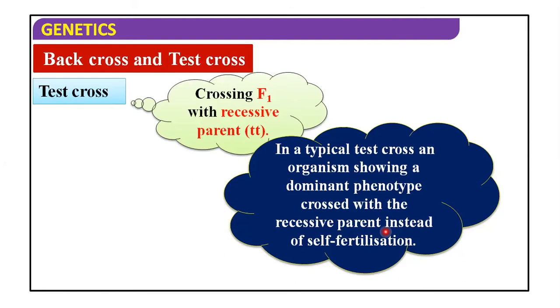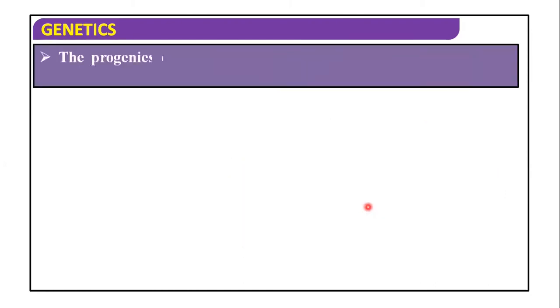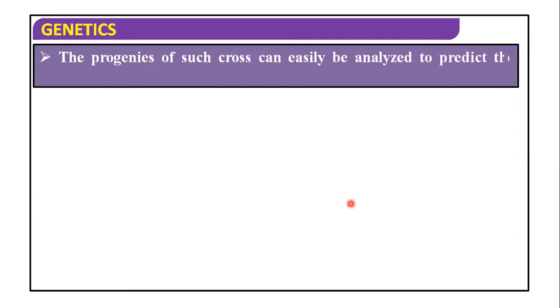25% are pure tall. Therefore, to find out whether the tall plant is homozygous or heterozygous, test cross can be performed instead of selfing. So, instead of self-fertilization, test cross is used. Now, in this test cross, F1 hybrid is crossed with homozygous recessive parent.